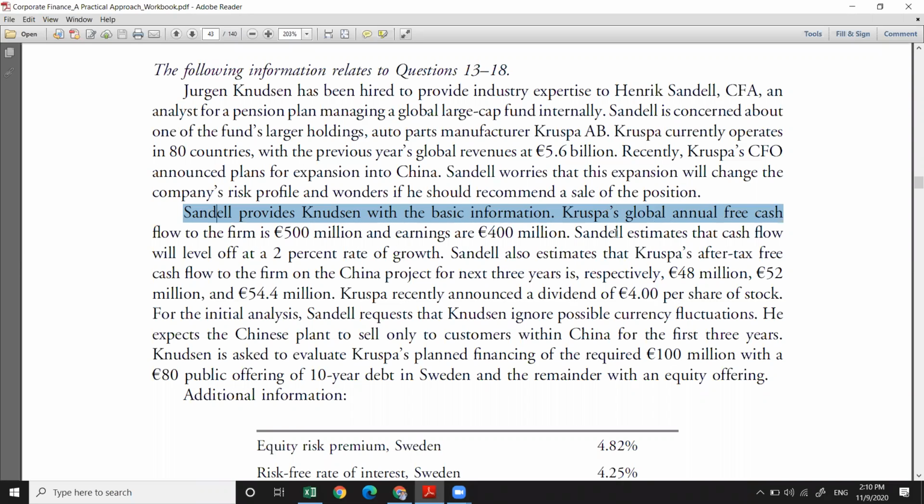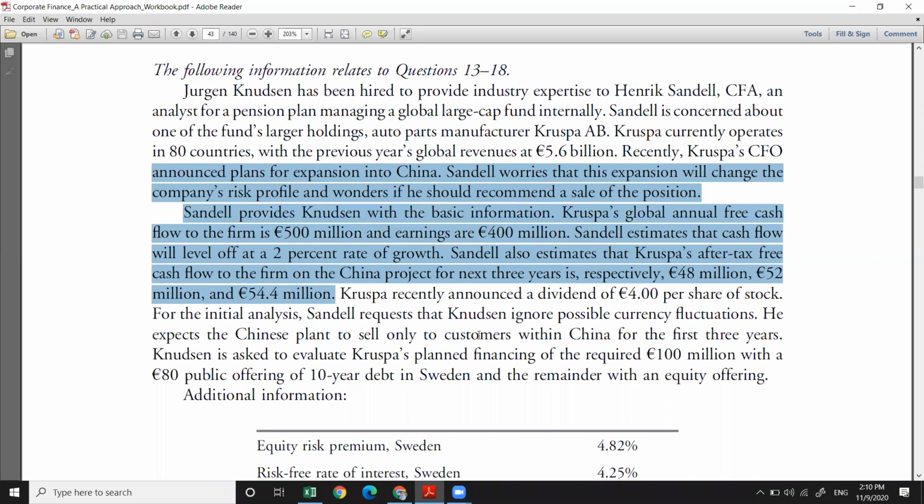The group's global annual free cash flow to the firm is 500 million and earnings are 400 million. Sandal estimated the cash flow level at a 2% growth rate, and estimates after-tax free cash flow to the firm on the China project for the next years, respectively, at 48 million, 54.4 million. And the firm recently announced a dividend per share. Okay, we don't need it. So the cash flows are given here.